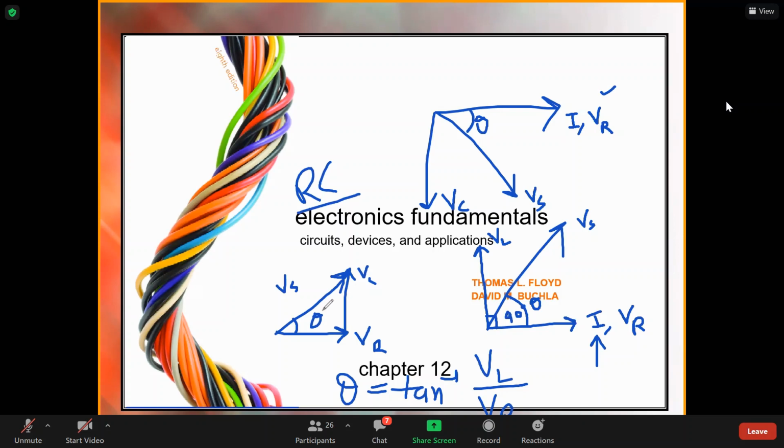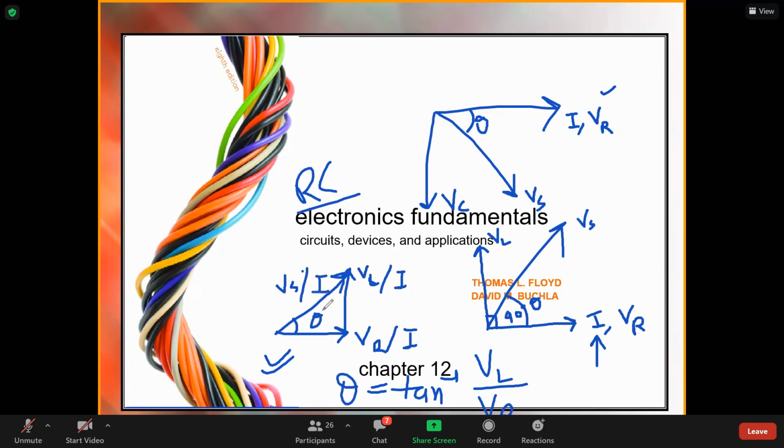Also, one more thing, girls, for this triangle: divide each voltage by the current. Because it's a series circuit, current is the same everywhere.